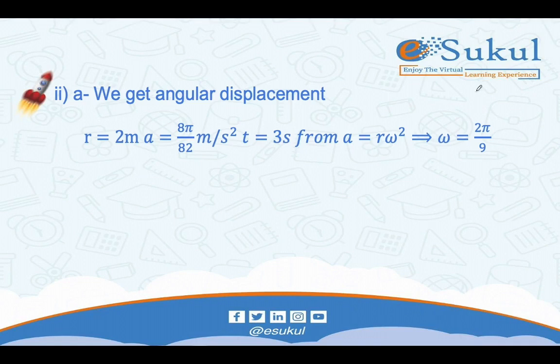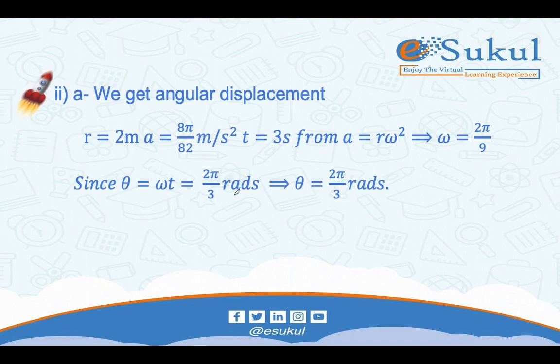So remind ourselves that the acceleration, which is radial, we have rω². So rω² there, given the radius as 2 meters, you can come out with the angular velocity. But our ω is θ over t, so replacing our ω, and take note that our θ is the angular displacement of the particle resulting from the circular motion, and t is our time in seconds.